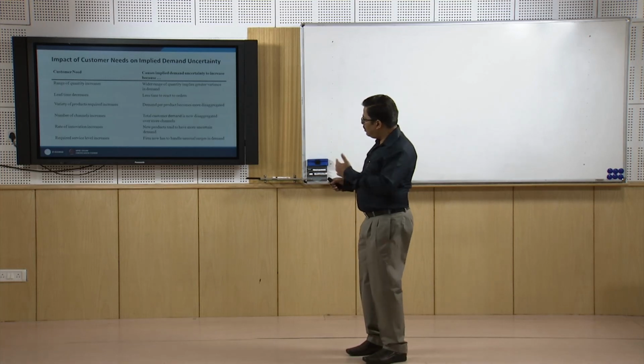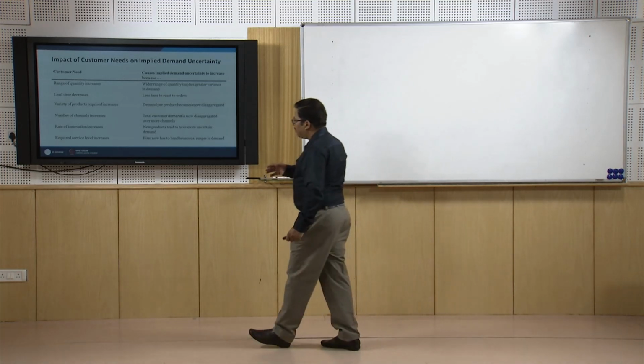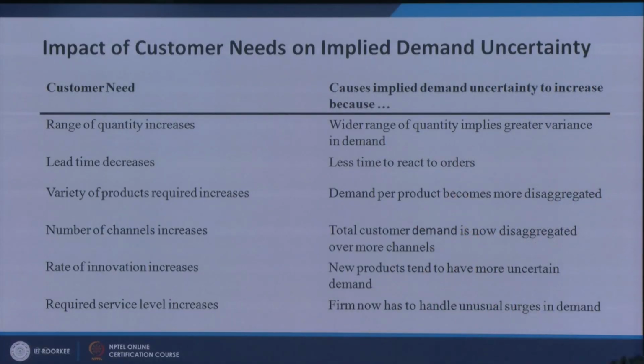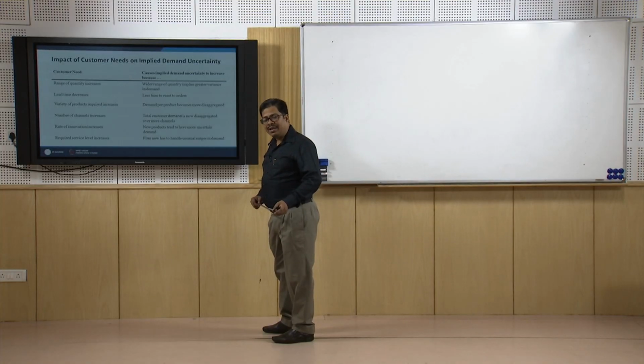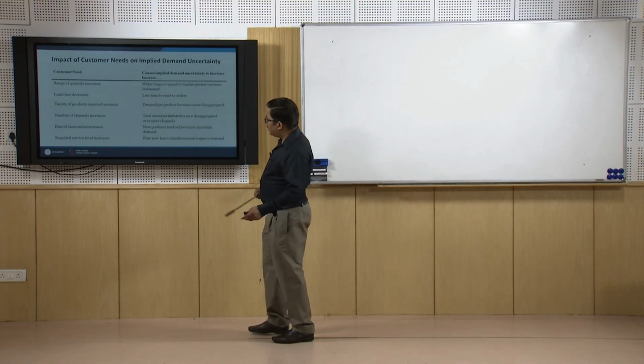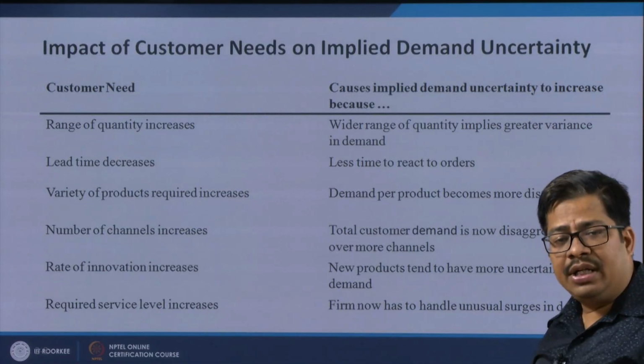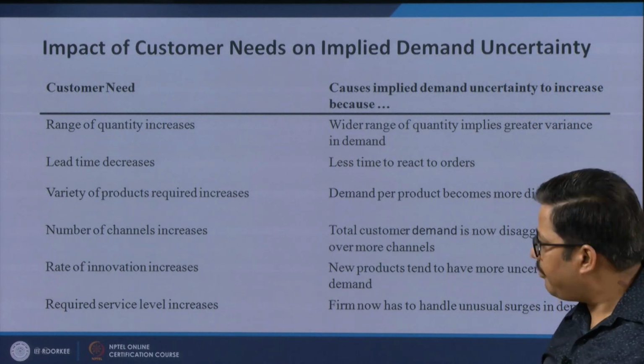And you see, the demand and supply uncertainties are related to a variety of things. Now, let us see some of the uncertainties from the demand side in a supply chain. A customer can vary the quantities demanded.